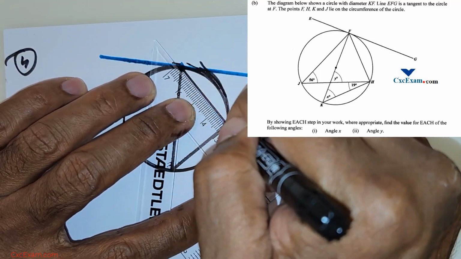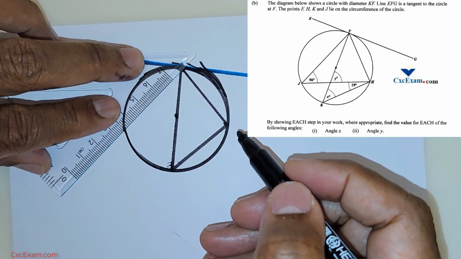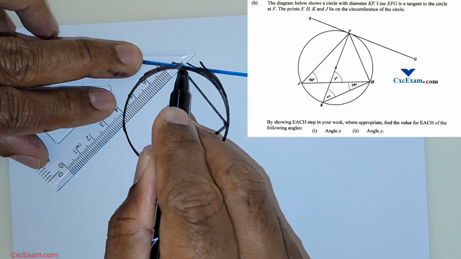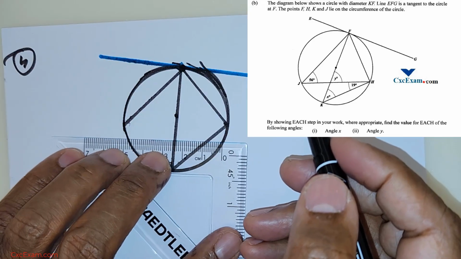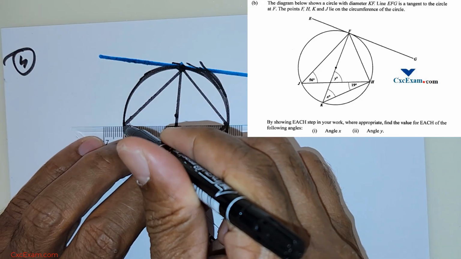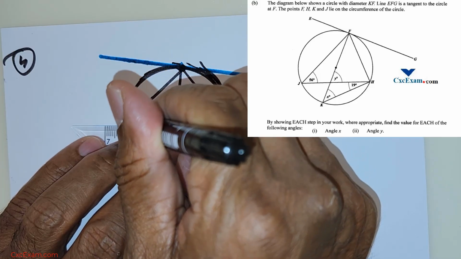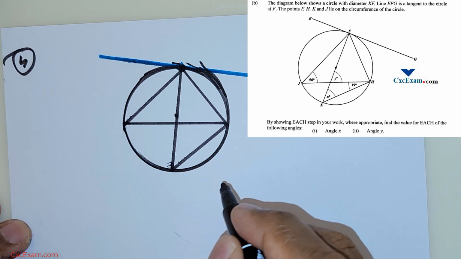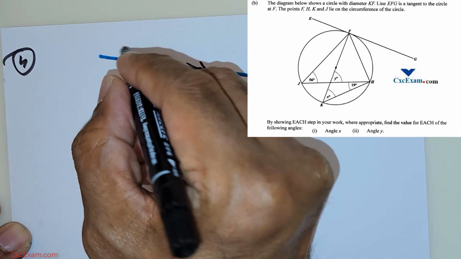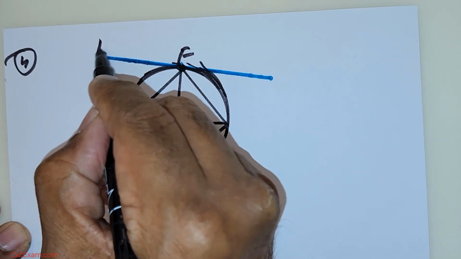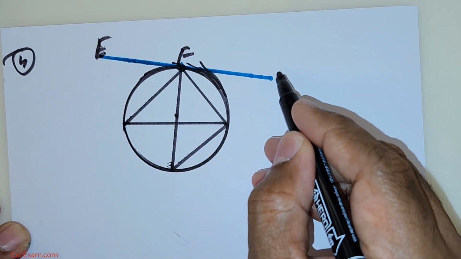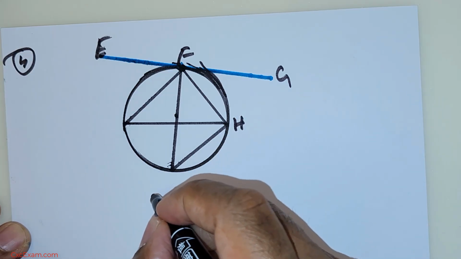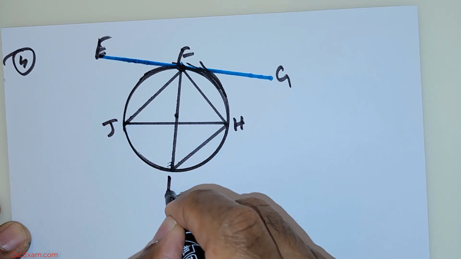You have a hit there, and then there is another hit over here, and this is the final hit. So this point is F, this is E, this is G, this is H, this is J, and this is K.